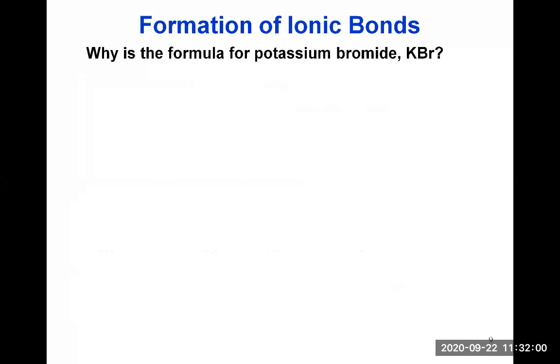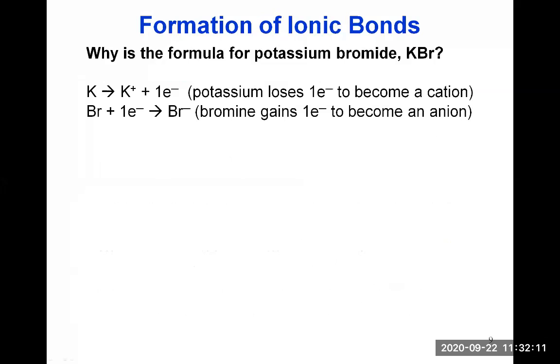So how are ionic compounds made? For example, why is the formula for potassium bromide KBr? We know potassium is an alkali metal from group 1A. It likes to lose one electron to become a positive cation with a one positive charge. This is shown as K becomes K+ plus one electron.